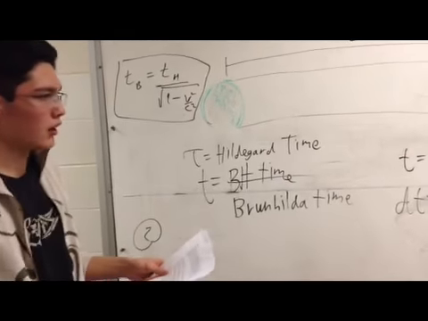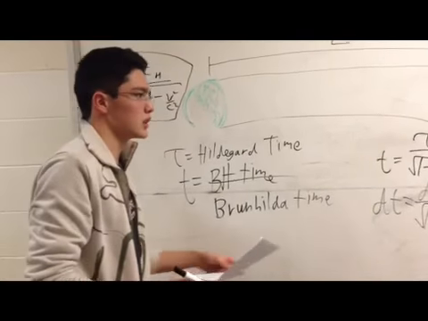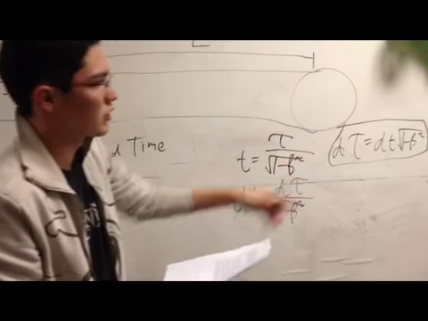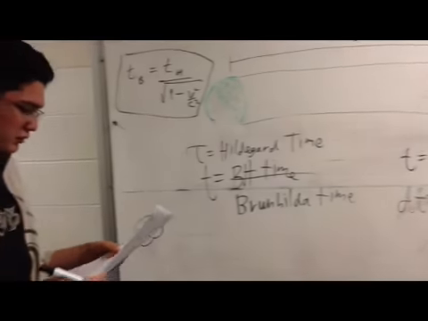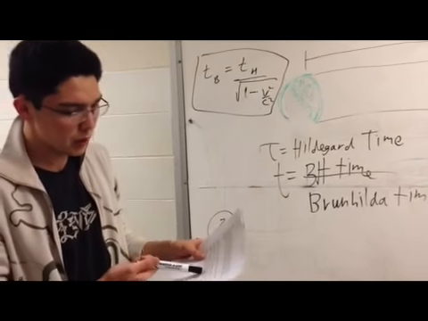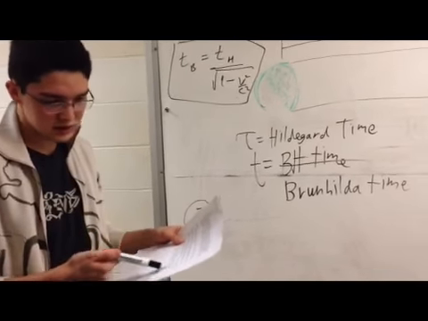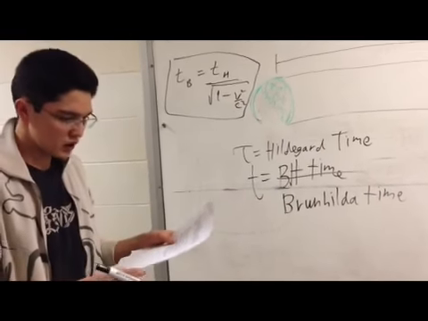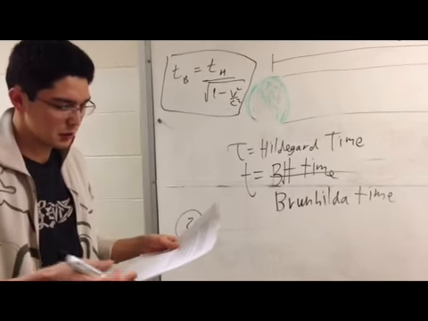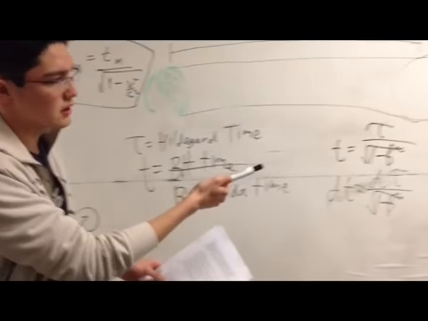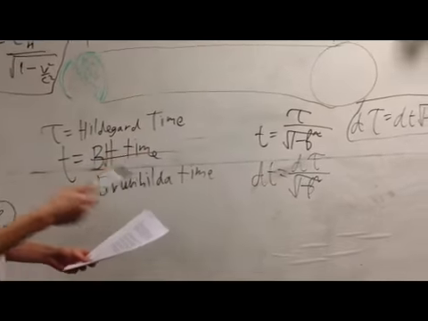So for part A, we just found d tau, which equals dt times the square root of 1 minus beta squared. For part 2, it's asking what if we wanted to know the proper time of an accelerating object that starts and ends at the same point as an inertial observer? How can we get this mathematically? We know that d tau equals dt times the square root of 1 minus beta squared.